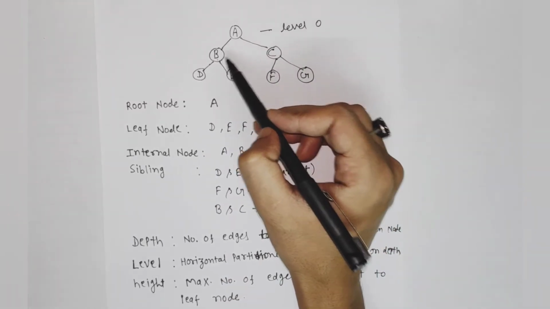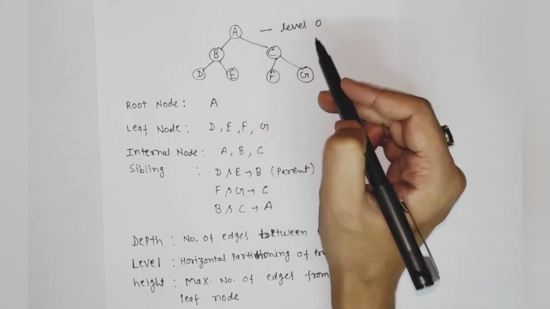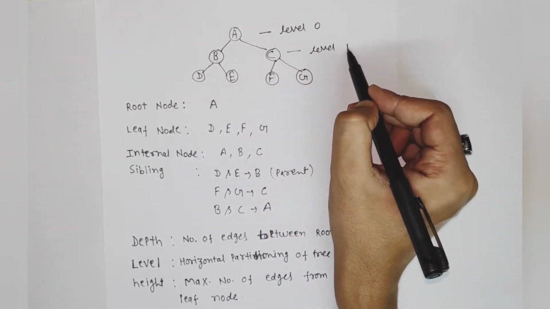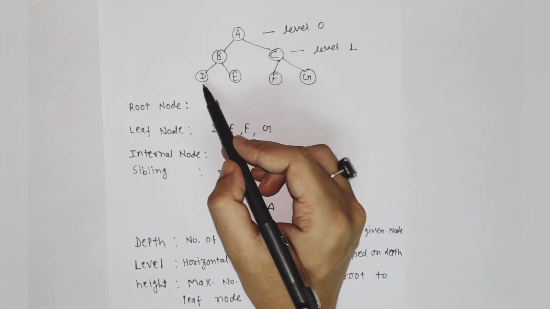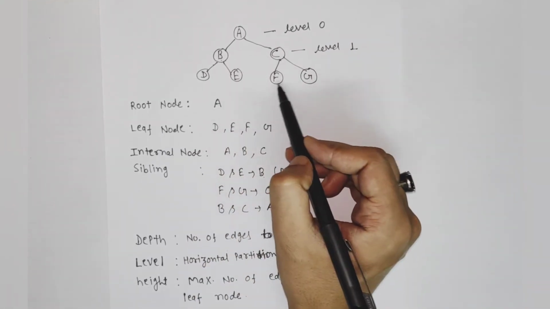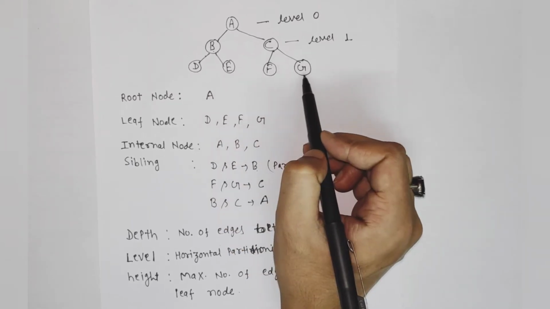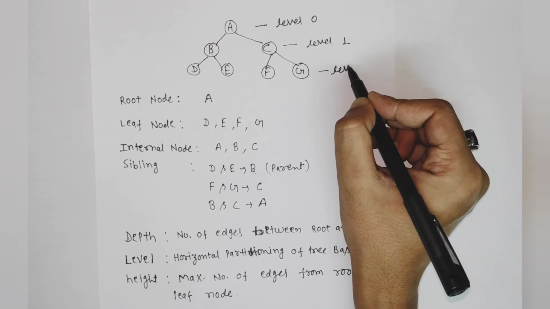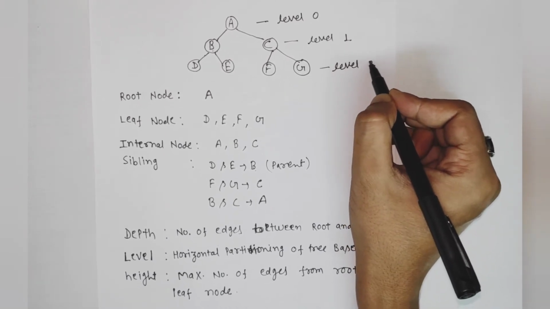So the depth of B and C is 1. So this is our level 1. Now you can see D, E, F and G are sharing the same depth. So they are at the same level. So this is level 2.